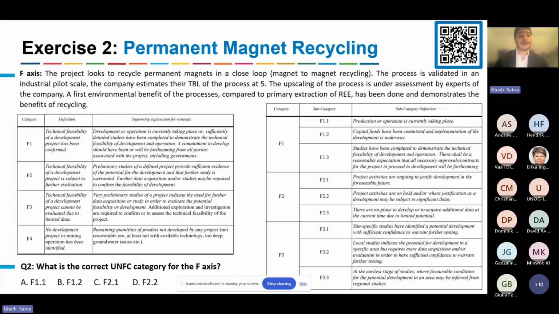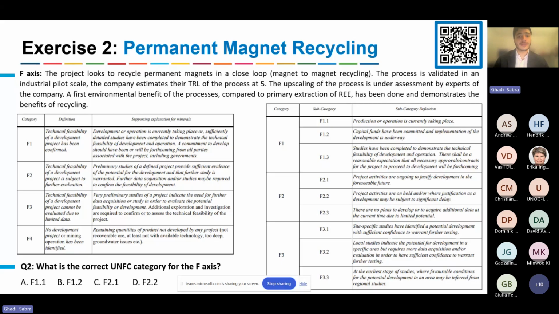Now moving on to the F-axis. So the project looks to recycle permanent magnets in a closed loop, magnet-to-magnet recycling. The process is validated in an industrial pilot scale. The company estimates their TRL, the technology readiness level, of the process at 5. The upscaling of the process is under assessment by experts of the company.